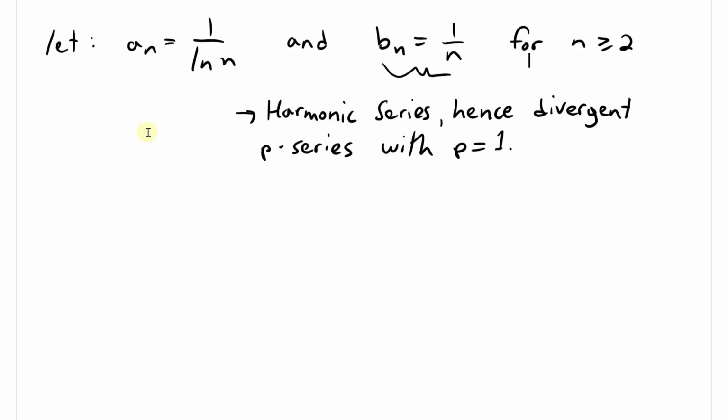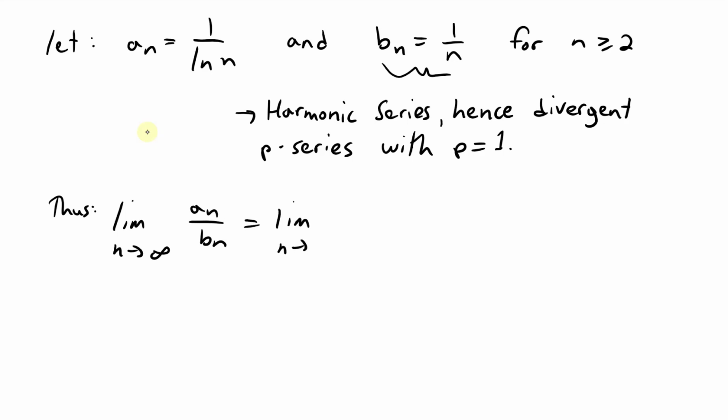So when we take the limit as n approaches infinity of a_n over b_n, it equals the limit as n approaches infinity of a_n, which is 1 over ln n, times the reciprocal of b_n, dividing by b_n, flipping it upside down.